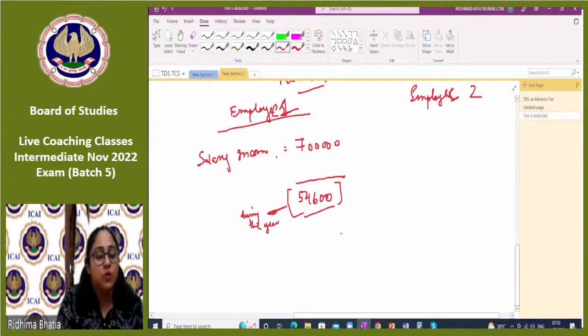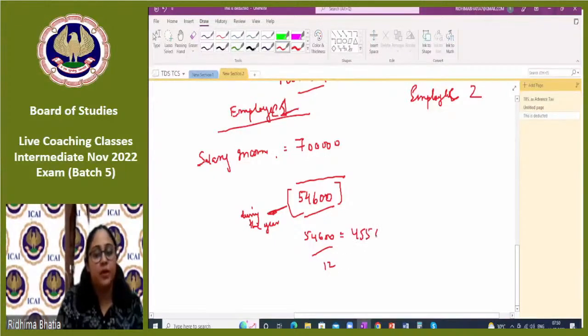So what does he do? Now the salary is paid every month. So he will divide this tax liability by 12.